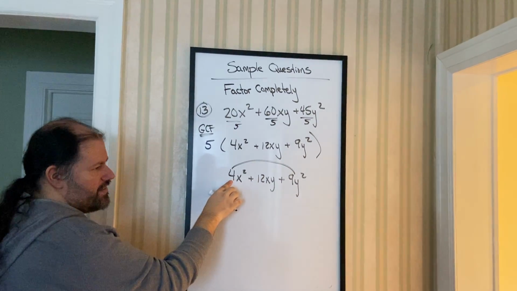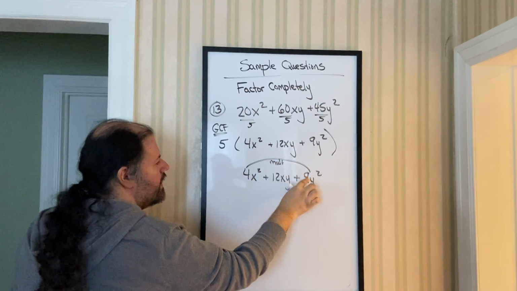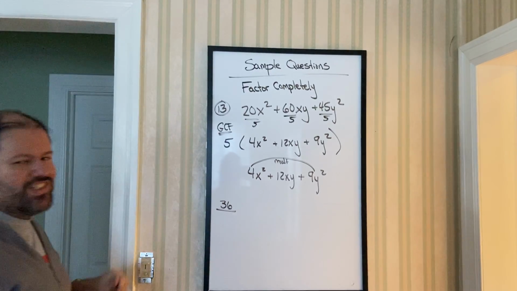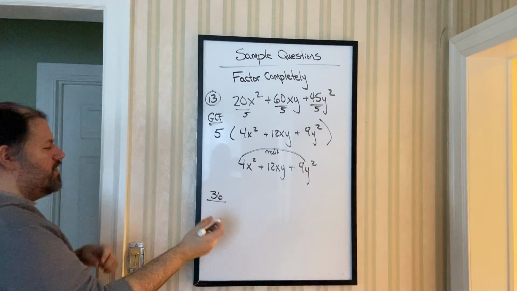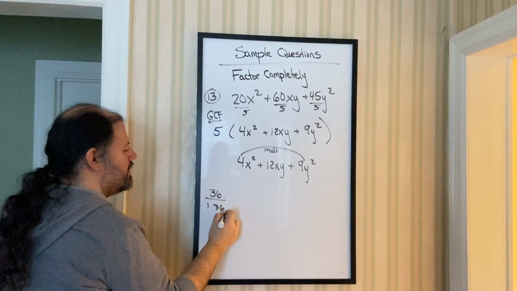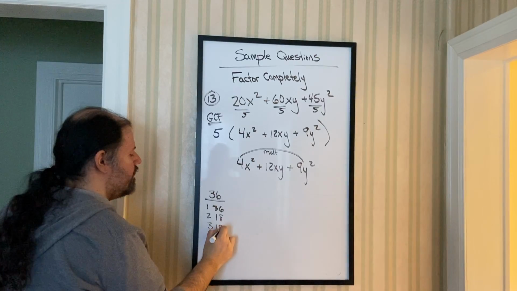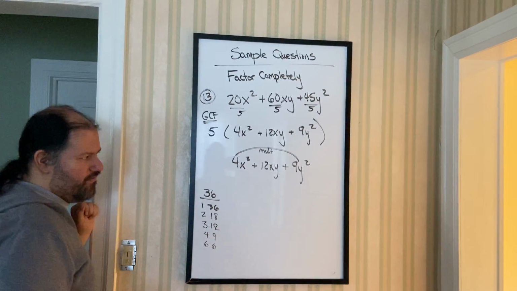Why arch? Because there's a leading number in front. So we're going to multiply. And notice I get a 36. That is much better than doing all the combos of 900. So we get 1 and 36, we get 2 and 18, you get 3 and 12, you get 4 and 9, and 6 and 6.